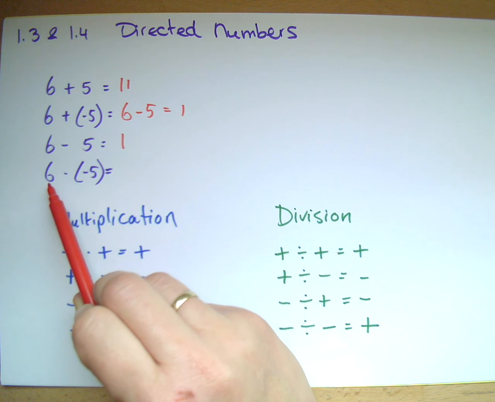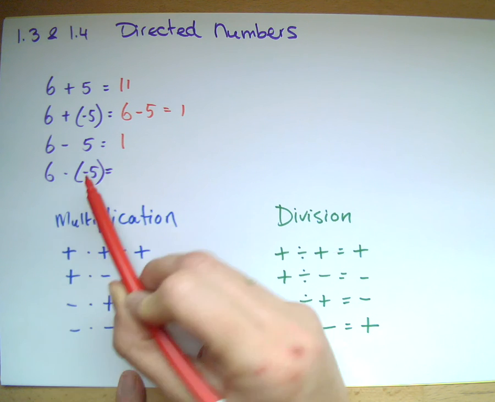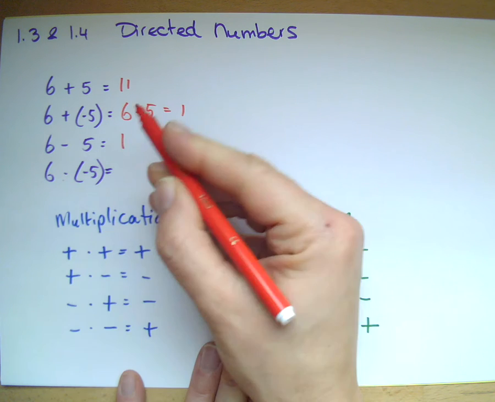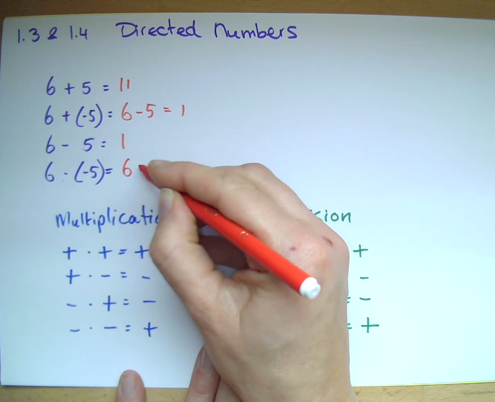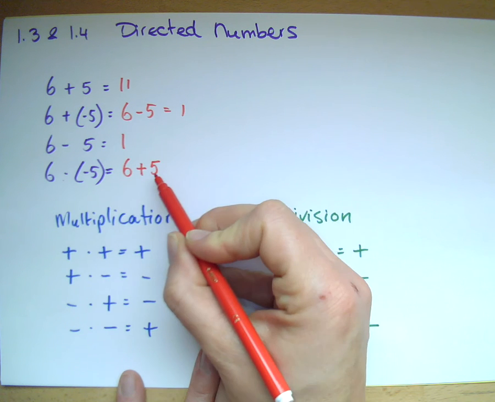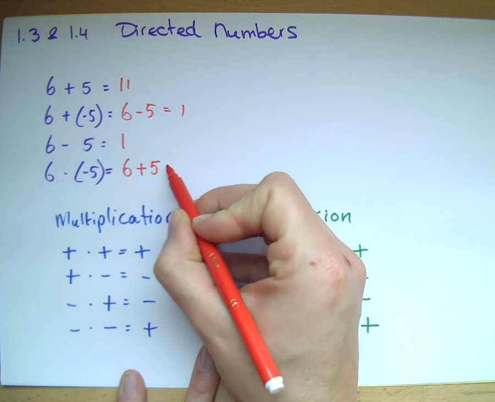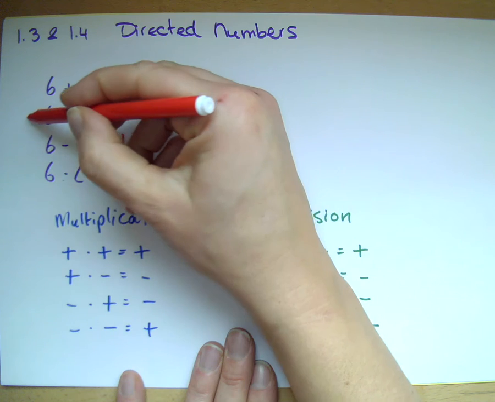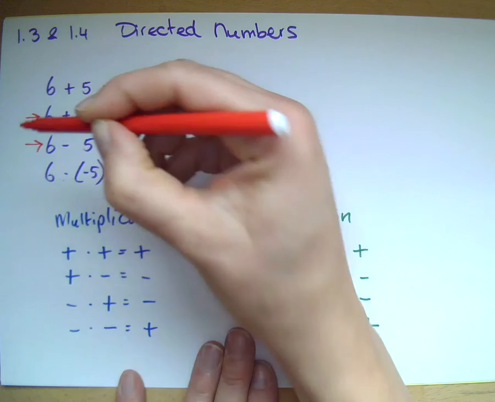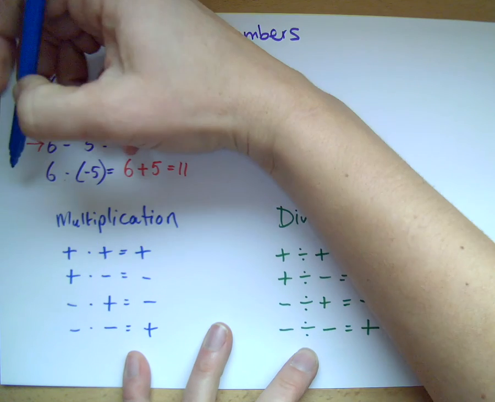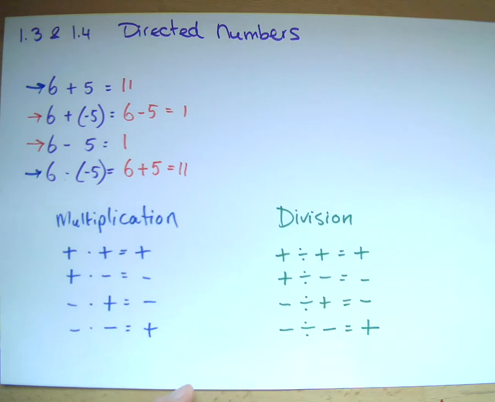Now we're going to have 6 minus a negative 5. Subtracting a negative number is like adding that number as a positive. 6 plus 5 is 11. So see how this one and this one give us the same answers, and this one and this one give us the same answers.